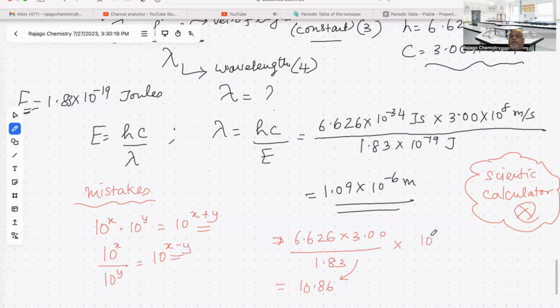And separately take the powers. 10 point minus 34 into 10 to the power of 8 means plus 8. Minus 19 means when it comes to the top, it is going to have minus of minus, plus 19.